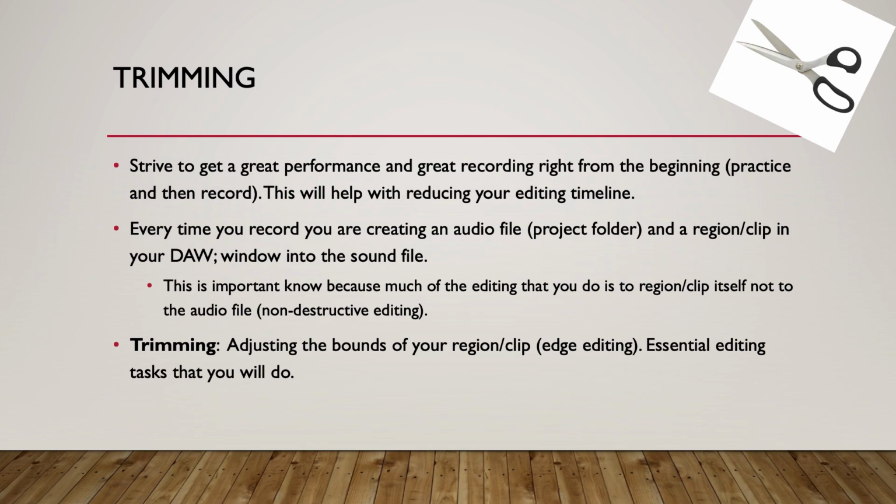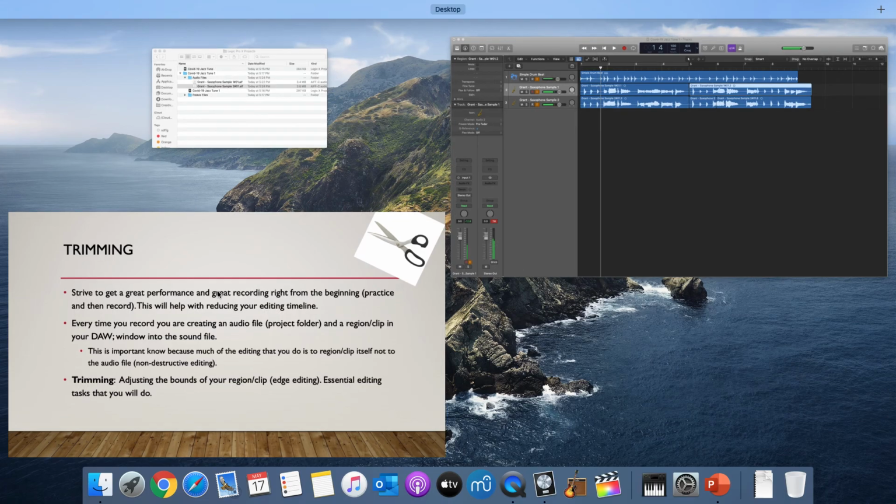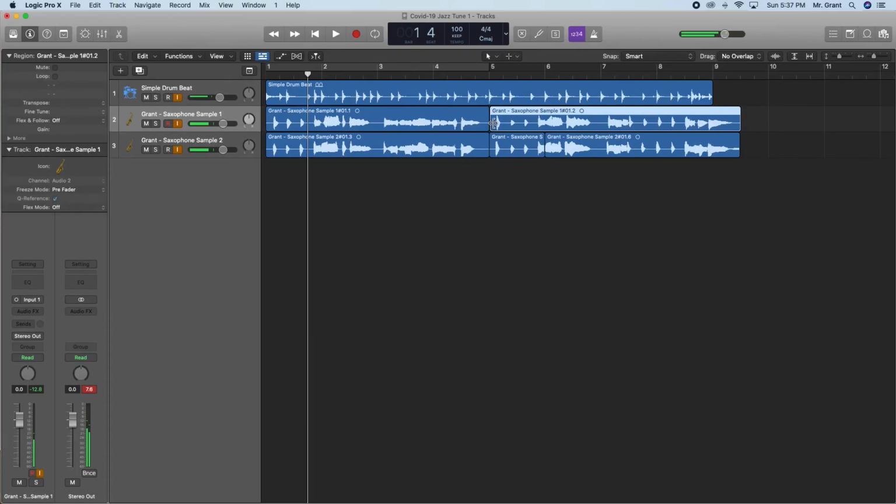You don't want that silence or the sound of you falling as you're running to your computer in your clip. So you can trim the end of your clip off. And the cool thing about trimming too is that if you split a clip, now you're able to trim different sections of your sound.